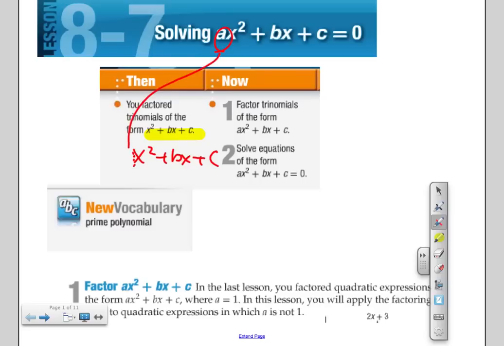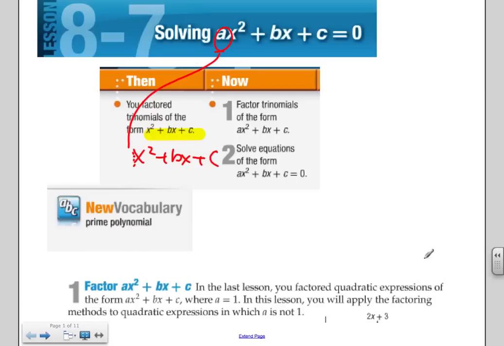Now we're going to be factoring trinomials in that same form, but in this case, the a is going to be some number other than 1. One vocabulary word will be a prime polynomial, and we'll look and see what that is. The bottom here says what I just said, that a is going to be something greater than 1.